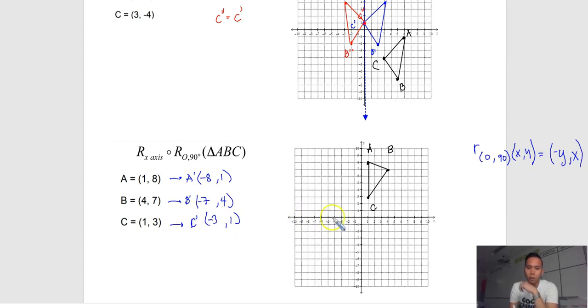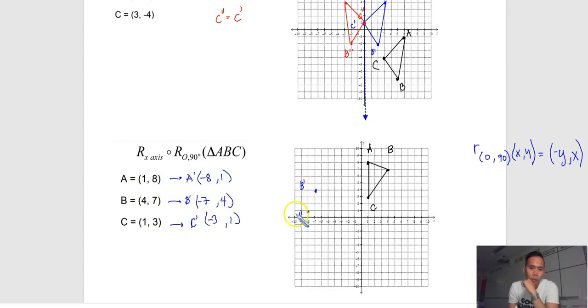And then you just map that, so (-8, 1), that's my A prime. And then we have (-7, 4). This is my B prime.